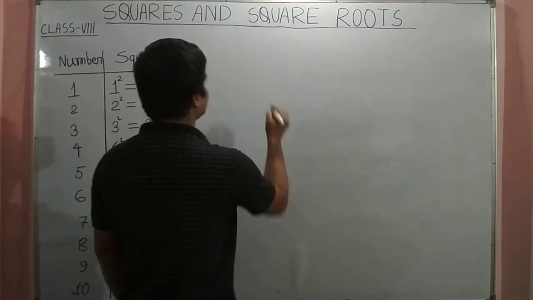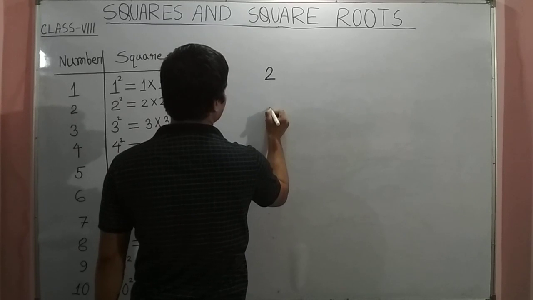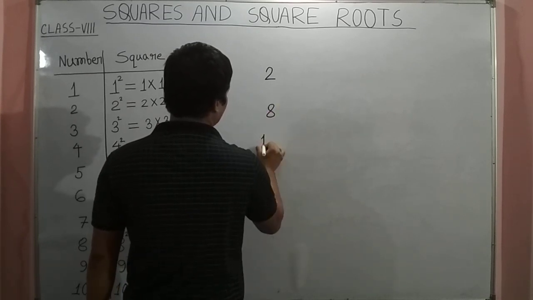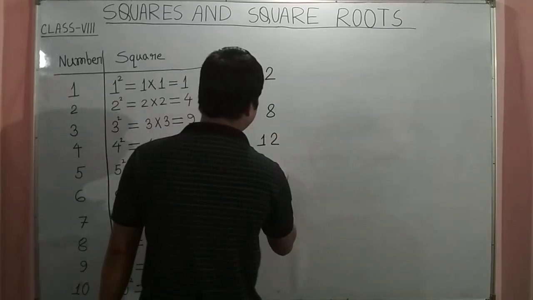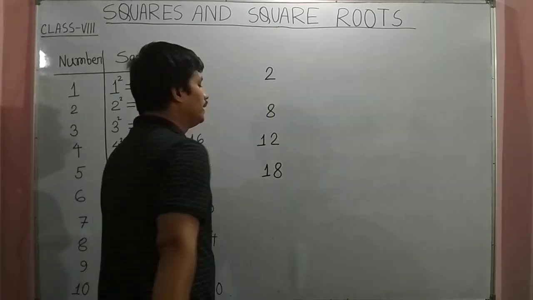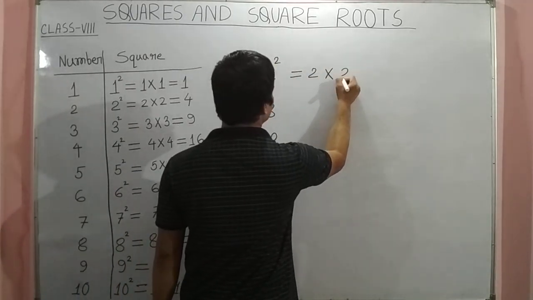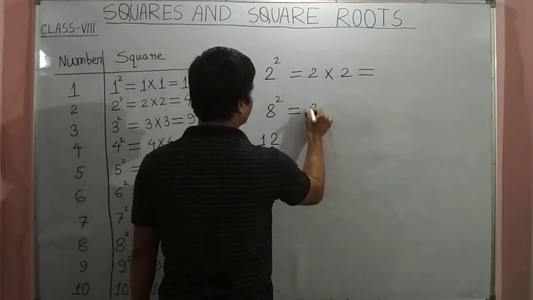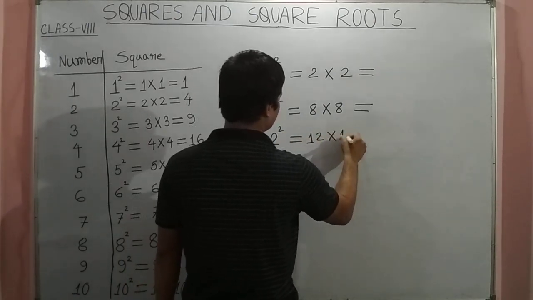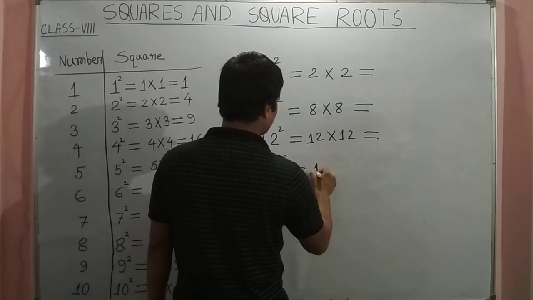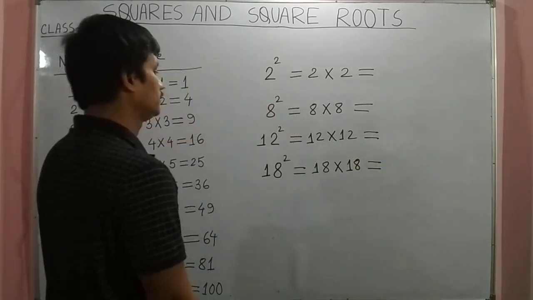Again, we take 2, 8, 12, 18. Now we will find the square of these numbers. 2 square, we can write 2 into 2. 8 square, we can write 8 into 8. 12 square, we can write 12 into 12. 18 square, we can write 18 into 18.